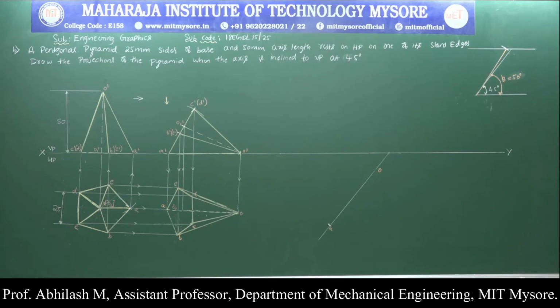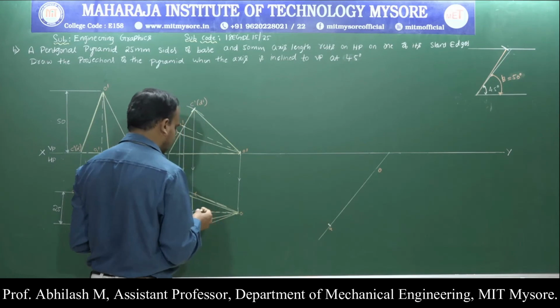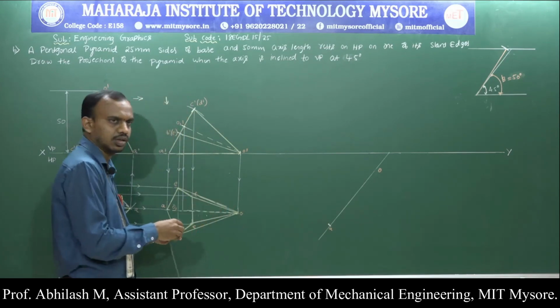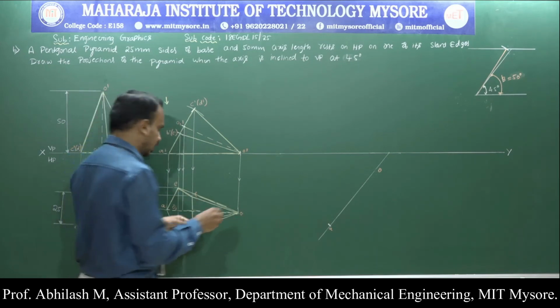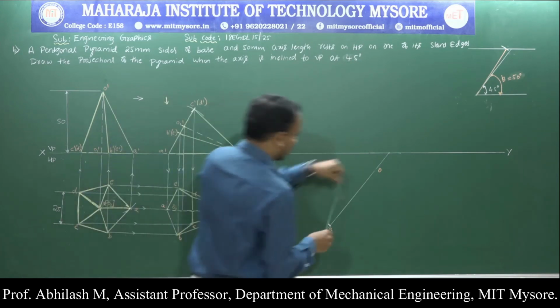Now let us transfer all other points, and be careful that once you measure one of the lengths, that will be the same on the other side also. Like if you measure from O to E, O to B will be the same length. So I am going to measure O to E, which is the same as O to B also.